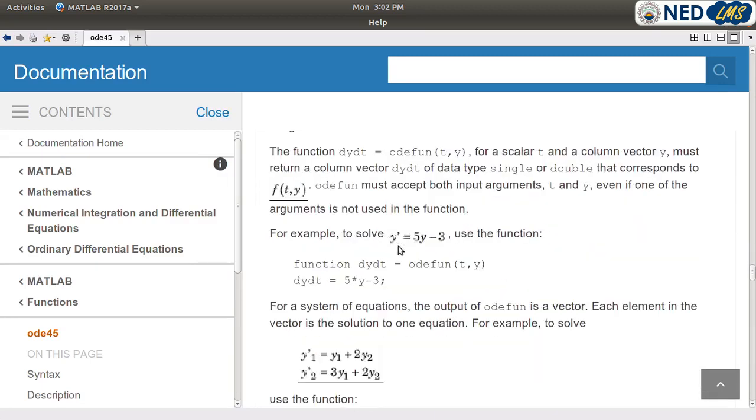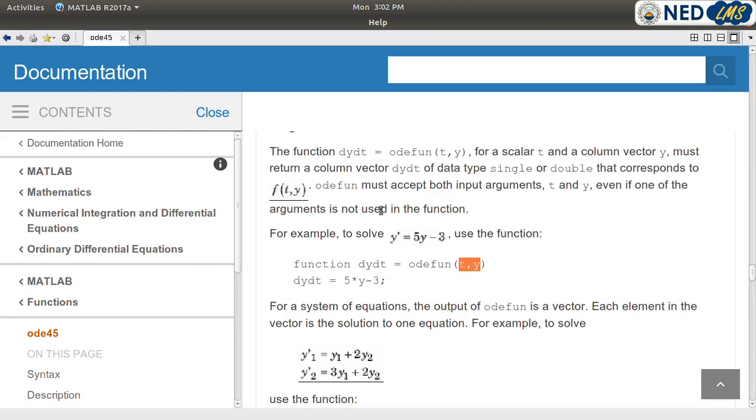If we consider this differential equation, then the syntax for writing the function handle is like this. Function, it's a generalized way of writing a user defined function. So here the output is dydt equals the name of the function and the two inputs which are t and y. And the differential equation is y dash, which is dy over dt, so dydt equals 5 into y minus 3.